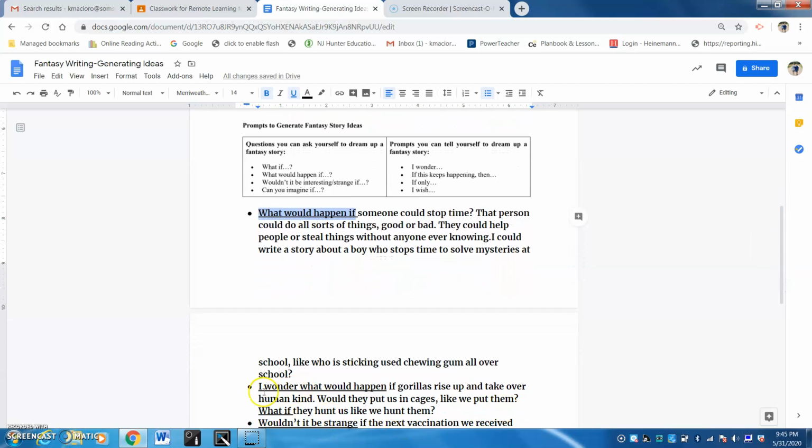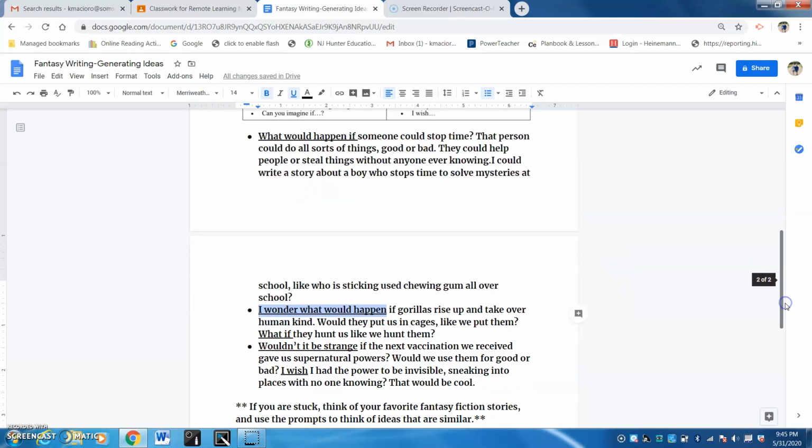Another prompt I can ask is, I wonder what would happen if gorillas rise up and take over humankind. Would they put us in cages like we put them? What if they hunt us like we hunt them? That would be another story idea that I could develop into a fantasy fiction story later on. Notice how all the underlined words are prompts from the charts.